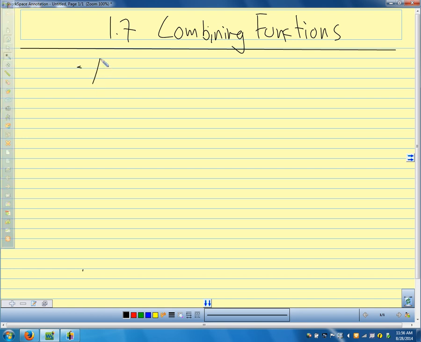So we can add. And let me write down an easy example. Say we had 3x squared plus 2x plus 1 plus x squared plus x. So those are our two functions. Here's one function and here's the other function.